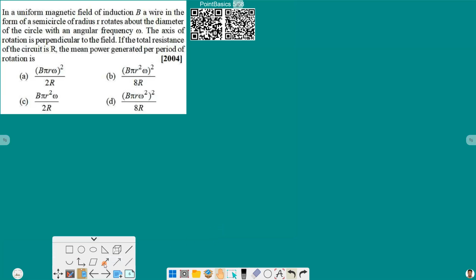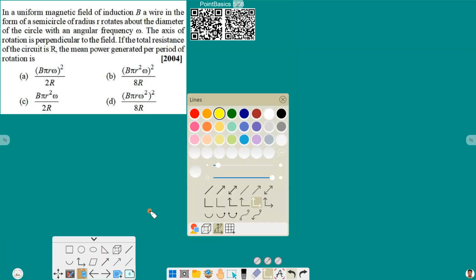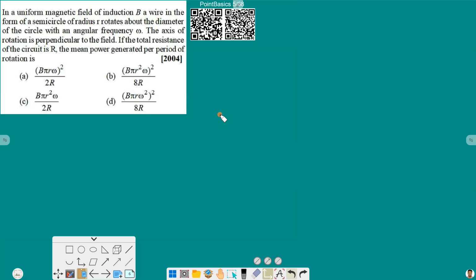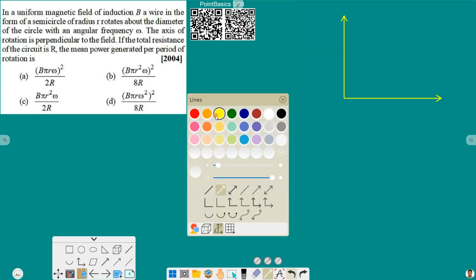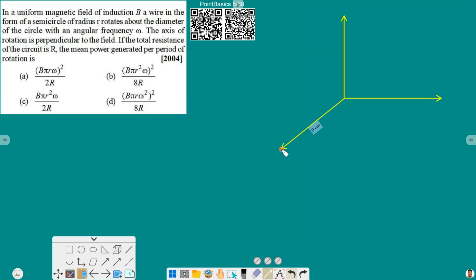So for this let's first draw the diagram with coordinate axes. Suppose these are our x and y, and we have to draw z also. So this is z. Now we have a wire here.